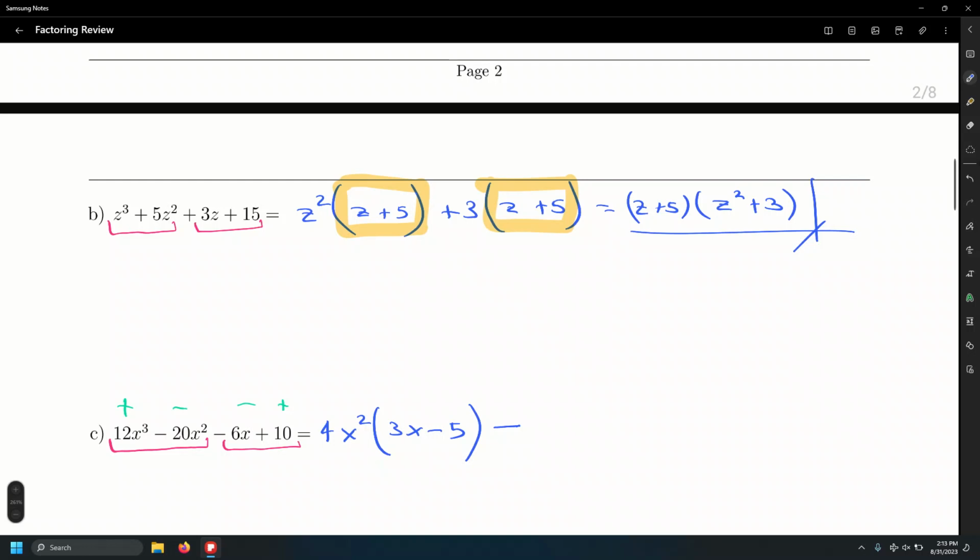And between 6 and 10, what do they have in common? 2. Okay, so that's just the number 2. And x only appears in the first term, not in the second term, so that's pretty much it.